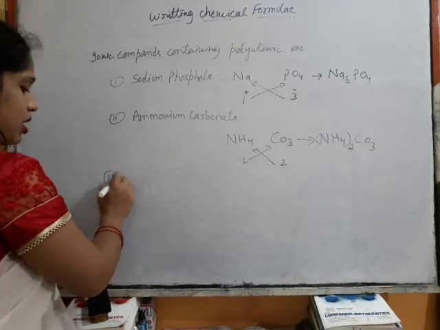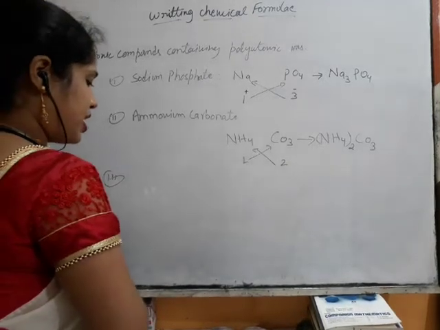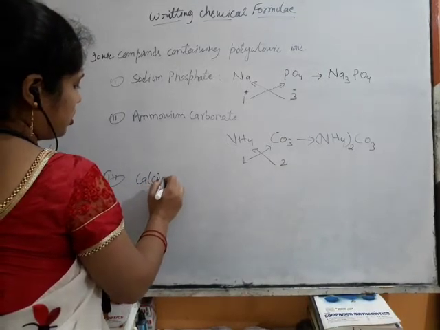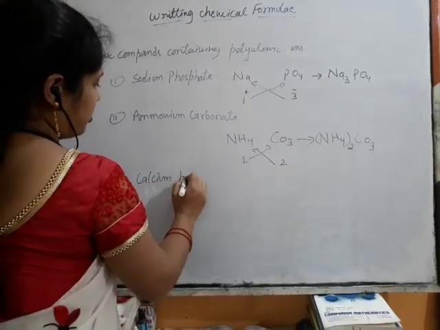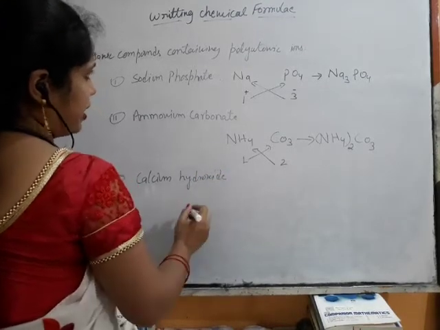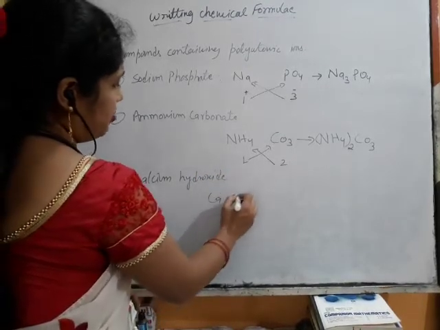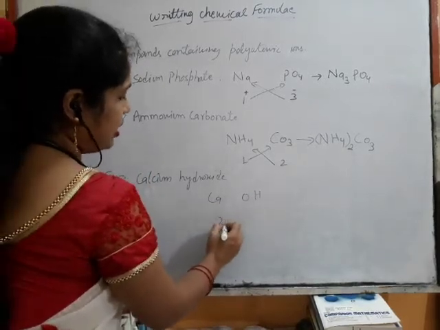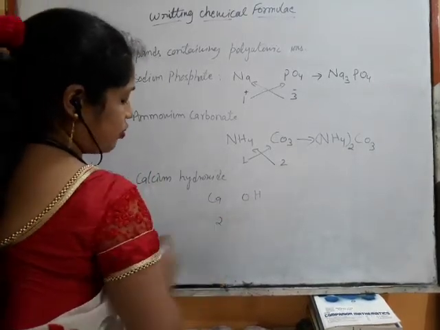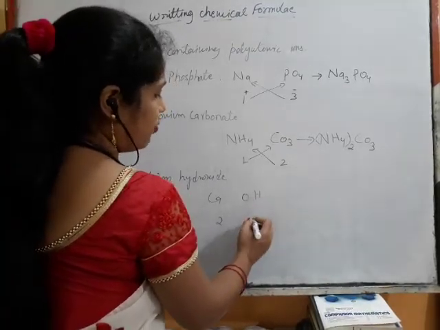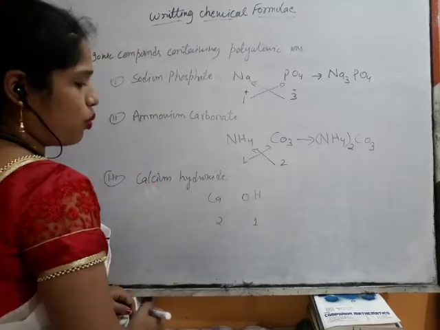Another one, calcium hydroxide, ammonium borate, so many are there. Calcium hydroxide. So that is calcium and hydroxide ion. Calcium is positive bivalent ion, so valency 2, and hydroxide is the negative monovalent ion, valency is 1.